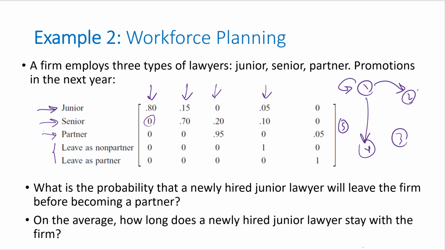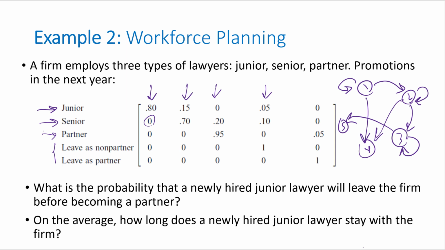A senior can remain a senior next year, they can become a partner next year, or they can leave as a non-partner next year because they haven't become a partner yet. If someone is a partner, they can leave as a partner, or they can just stay as a partner.